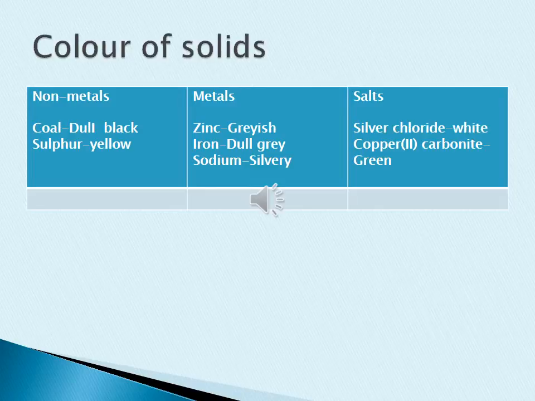They are poor conductors of heat and also poor conductors of electricity. But metals have luster, ductility, and are good conductors of heat and electricity.